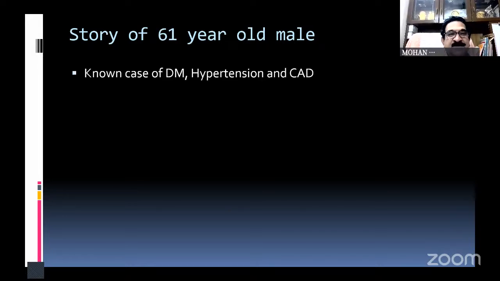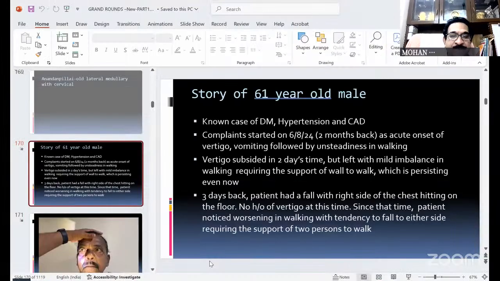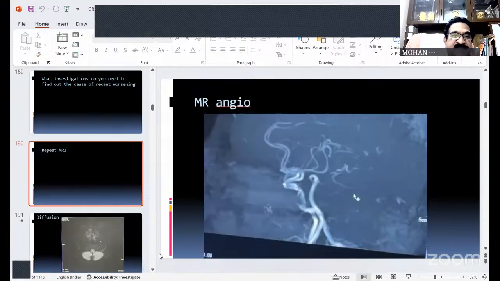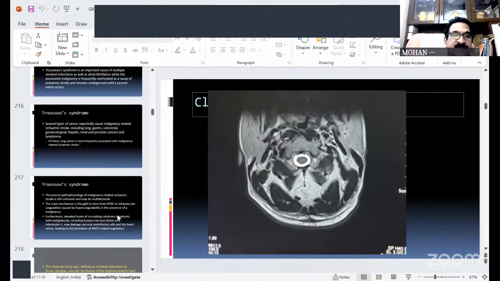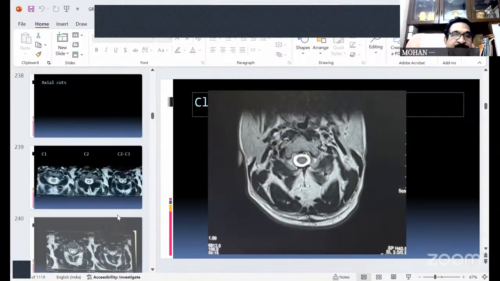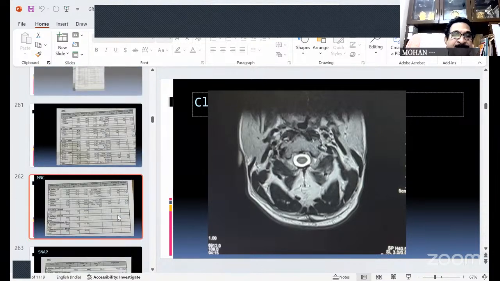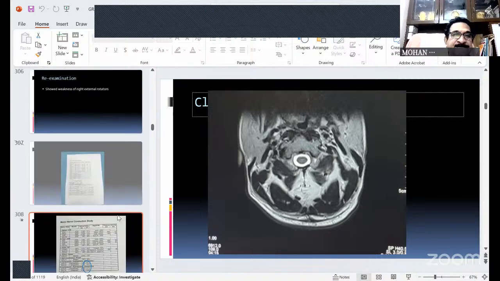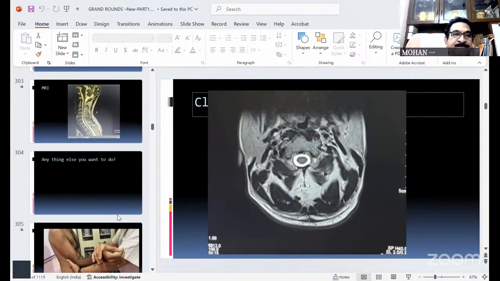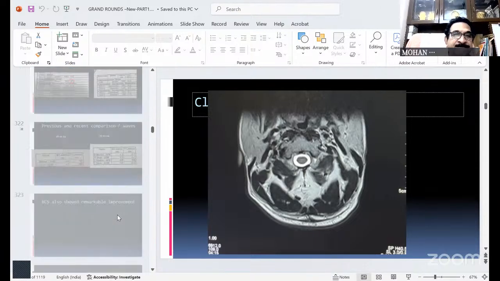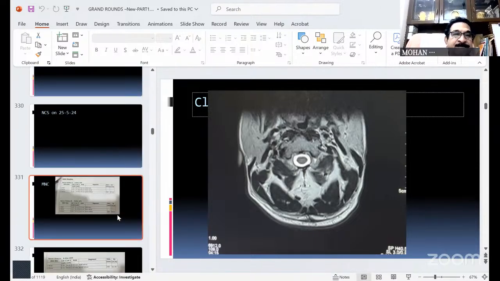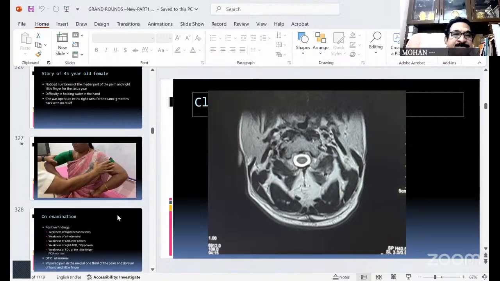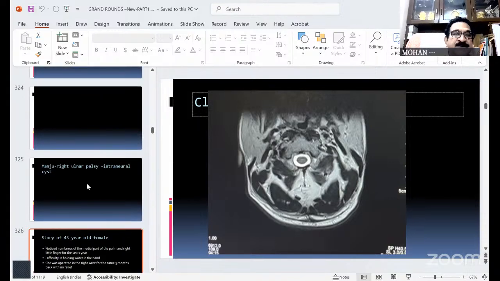Or I will show another short case, that's better. Just 1 minute, I will search for a short case for you. Okay, I'll show you a short case.